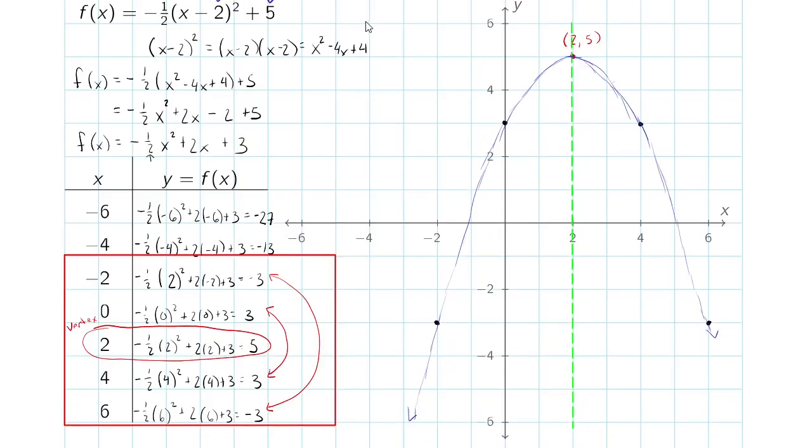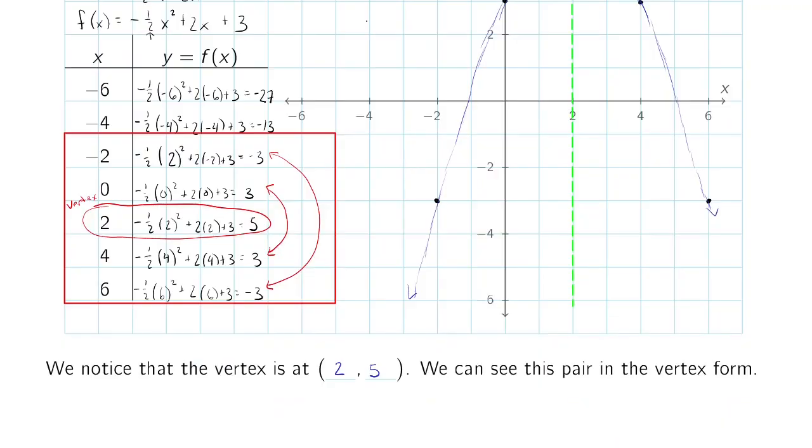So remember we wrote the vertex form as f of x is a number times (x minus h) squared plus k. In that form, this is the value of h, and this is the value of k.